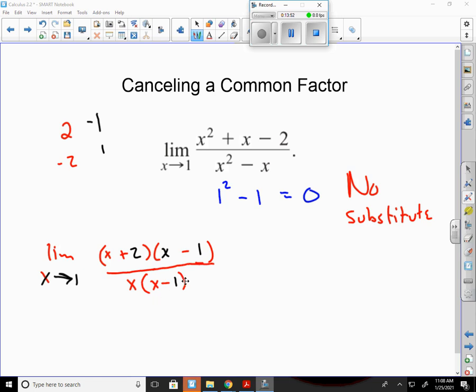And now when I look at this, I have x minus 1 in the top and x minus 1 in the bottom. So I have a common factor that I can cancel out. Now that leaves me with the limit as x approaches 1 of x plus 2 over x.